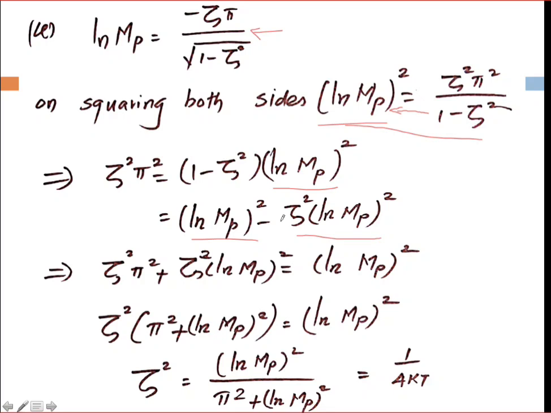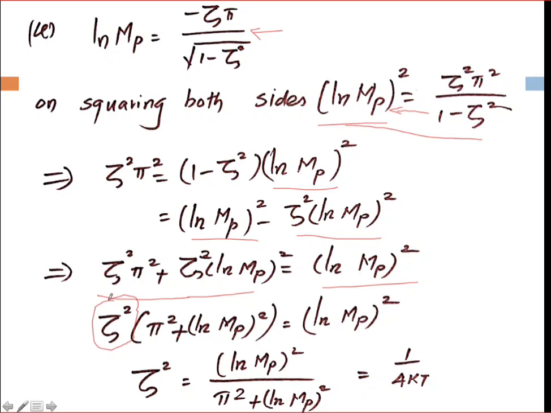So now we are going to separate this equation. We are going to separate the zeta variable on one side and Mp on the other side. So zeta square pi square plus zeta square (ln Mp) square is equal to (ln Mp) square. Now you are going to take zeta square outside.